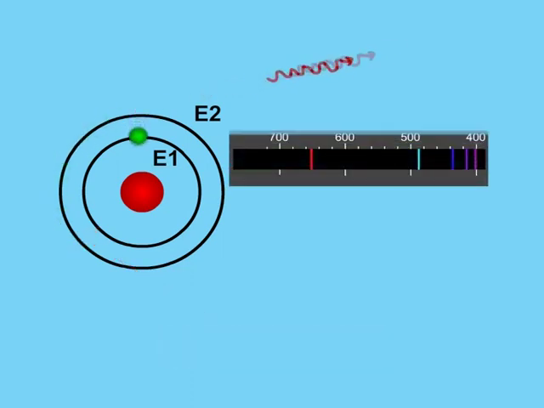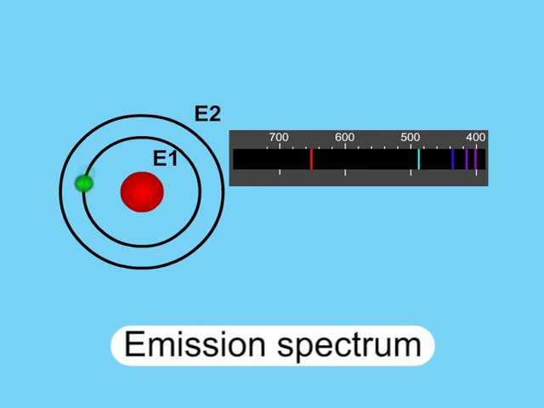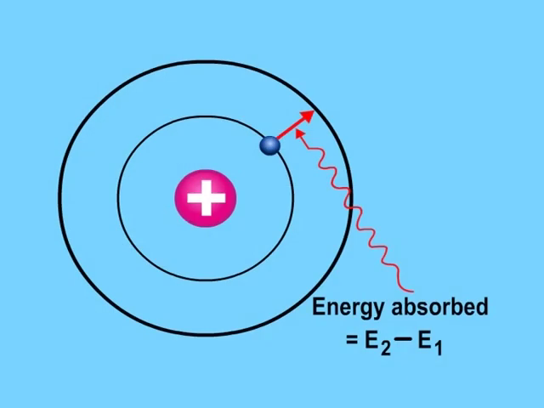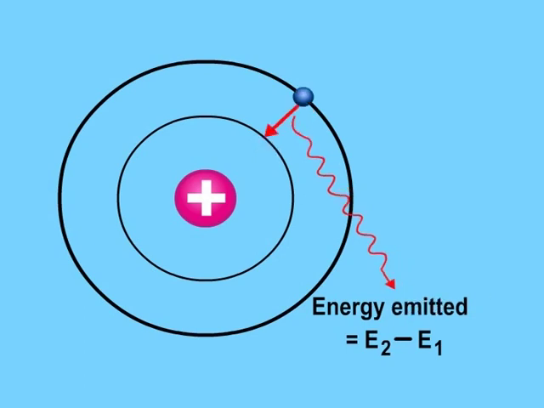When an electron jumps from higher energy level to lower energy level, it emits energy resulting in an emission spectrum. The quanta or photons of energy absorbed or emitted can be calculated by subtracting value of lower energy level from higher energy level of the atom.